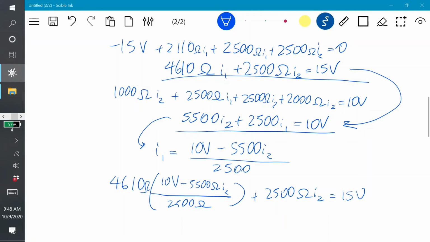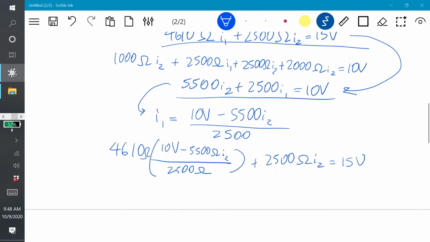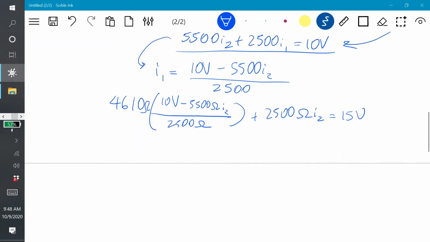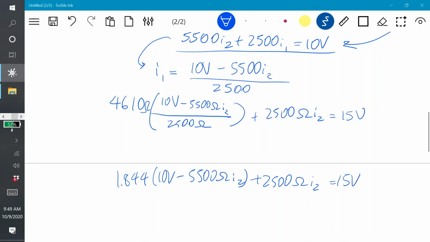Great. So let's see what we get. 46110 divided by, so we have 1.844 times 10 volts minus 5500 ohms I2, plus 2500 ohms I2 equals 15 volts.